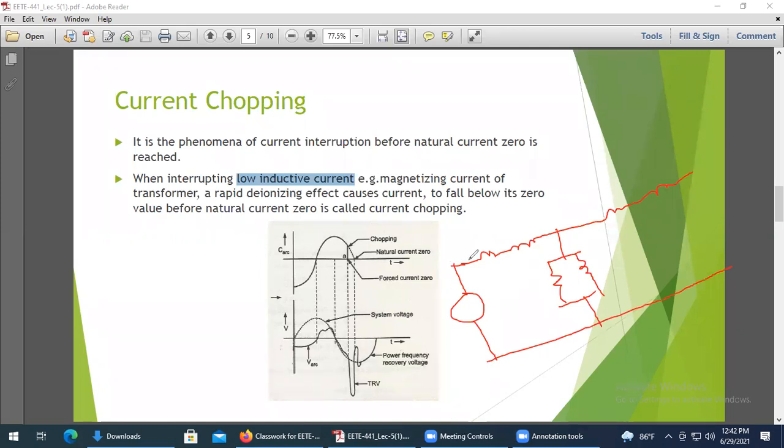This is the primary current IP, and this is the secondary current. There is another current that is sometimes known as the no load current, which is purely inductive current. This current is necessary for the transformer to make the core ready to carry the magnetic fluxes produced by the supply in the primary winding. You know these principles. So this is the no load component.